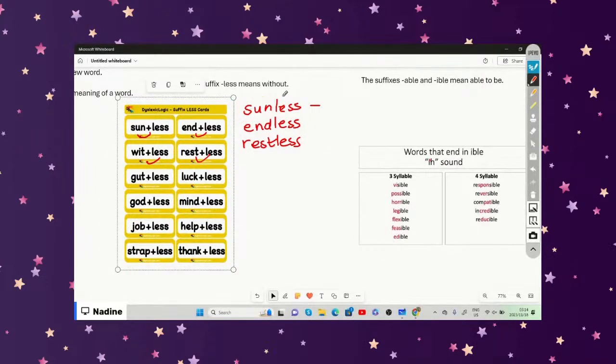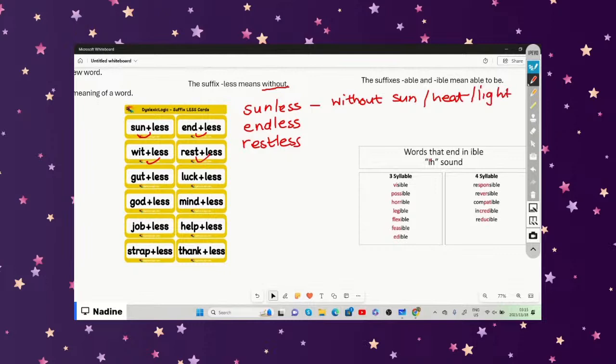But sunless, the meaning of the word less means without, right? It means without, which means that sunless means without sun, without heat or without light, right? Because remember we said sun brings heat or brings light, right? So if it is sunless, then it means it is without sun, it's without light, right?